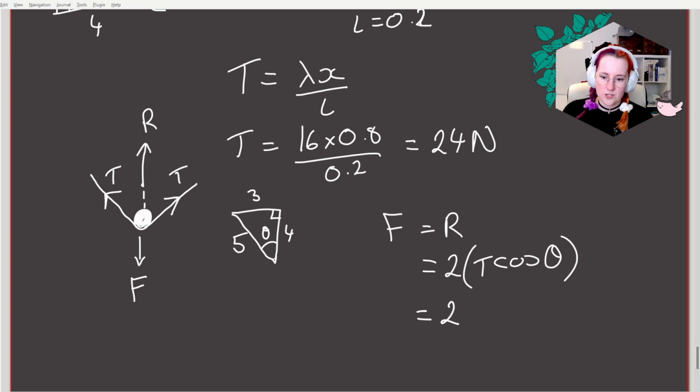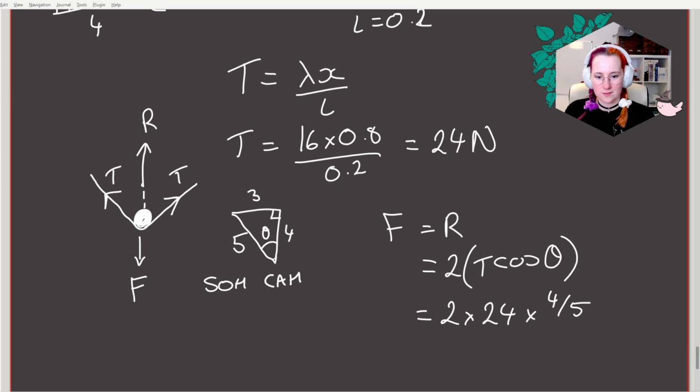So that's 2 times 24 times cos of theta, which is 4 over 5, using this triangle and cos of the angle is adjacent over hypotenuse.